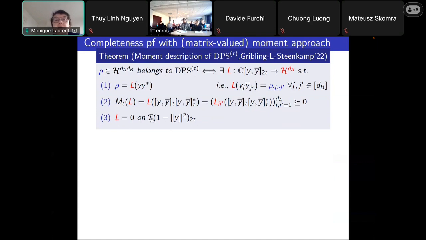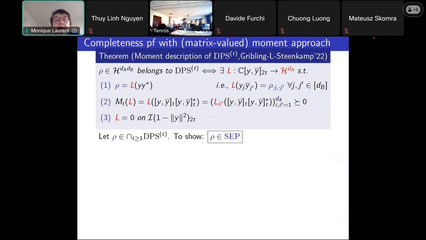And this is capturing the fact that SEP is a convex hull of x x star tensor y y star, where the vectors x and y should have norm 1. But here we focus only on the y variable because we have only the state extension in the y direction. So this is a reformulation of what it means to be in the relaxation of order t, a moment reformulation.